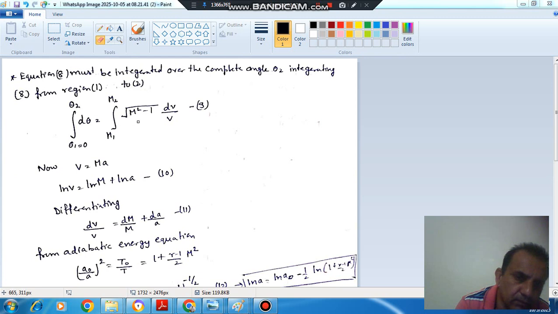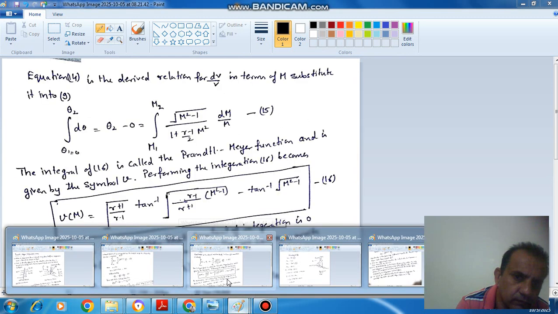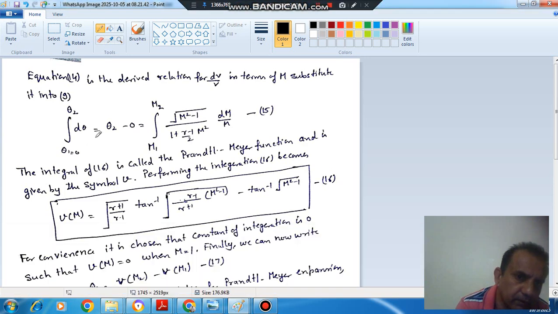Now this equation number 14 can be put here and integration can be performed. Okay. So it will be theta 2 equal to the integral with limits M1 to M2, and putting the value of dV by V, it will become root M square minus 1 divided by 1 plus gamma minus 1 by 2 M square, dM by M. This is equation number 15.